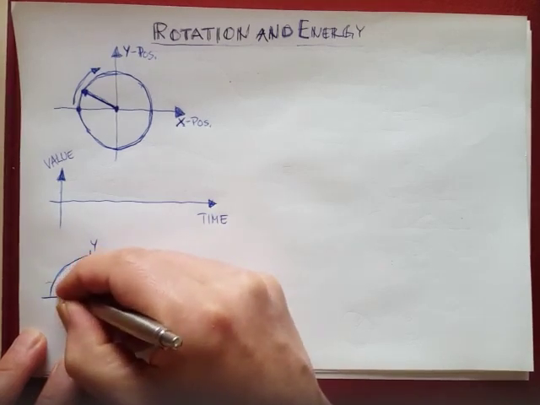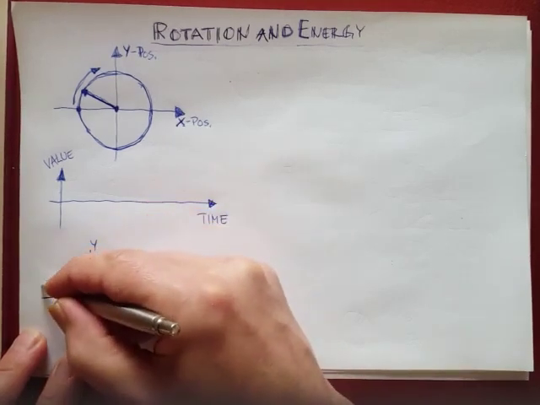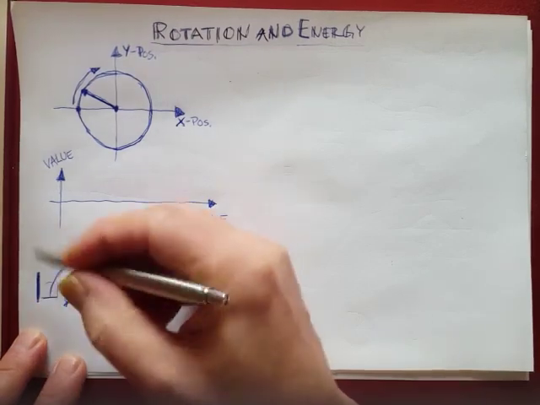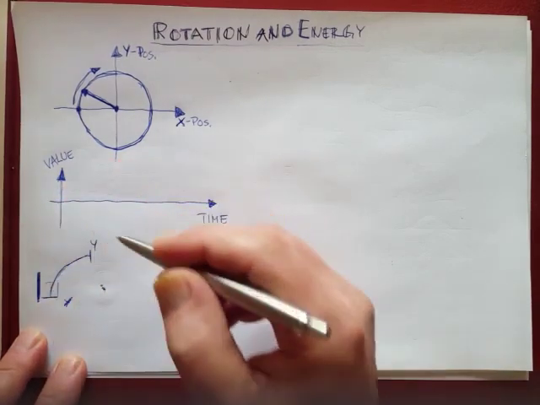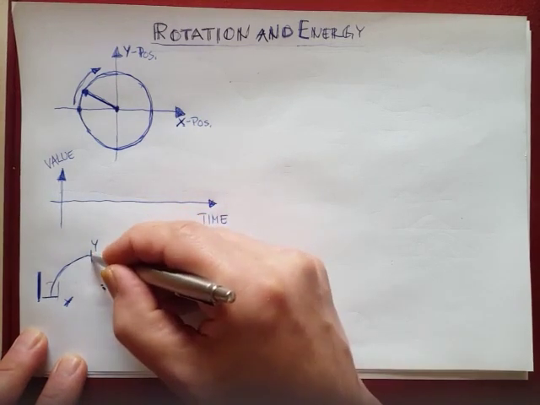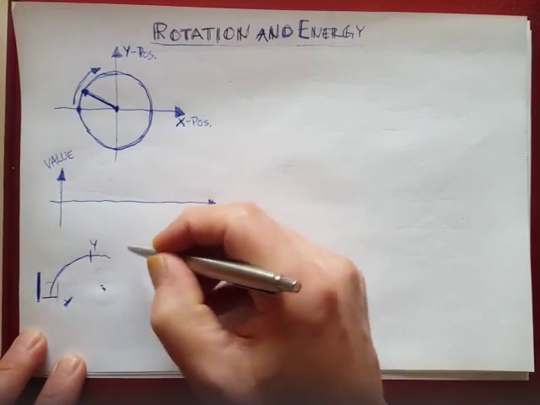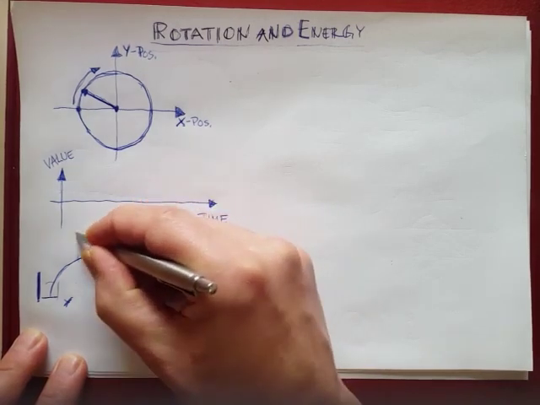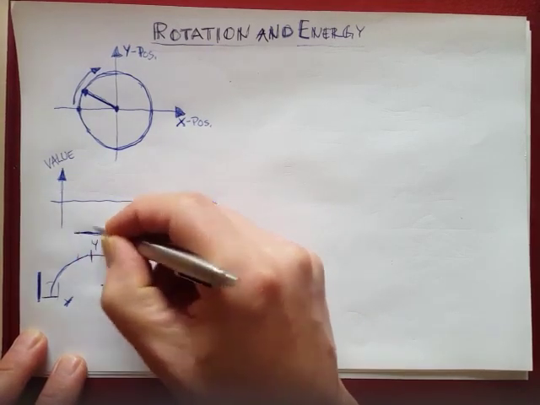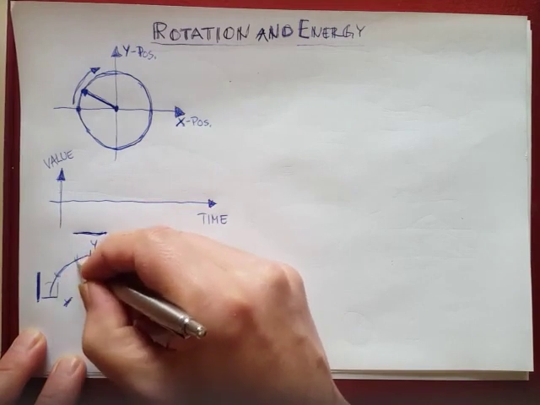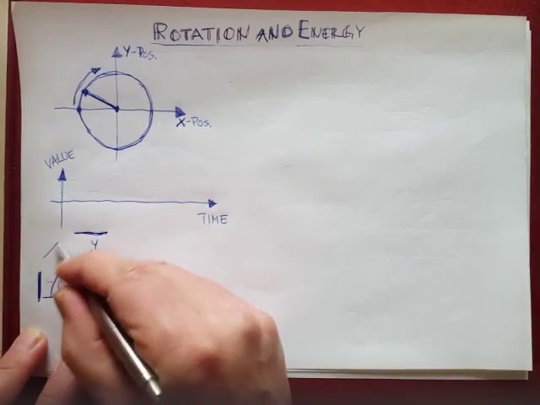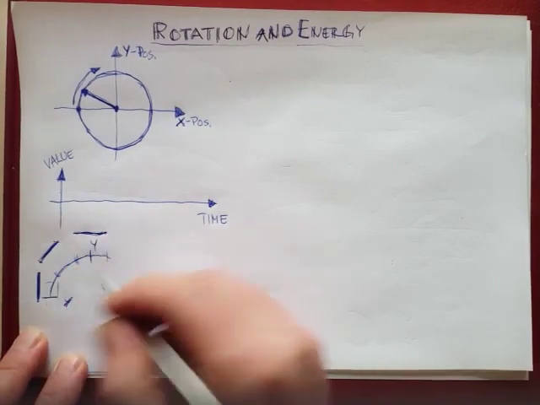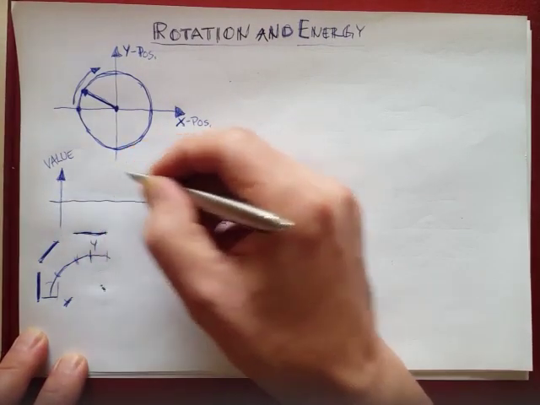If we look at this segment here, it's more or less like a vertical line. And if we extend it a little bit and look at this segment here, it's more or less like a line like this. And if we look at an in-between segment, it's more or less a line like this. And this tells us a little bit about how this curve will look.